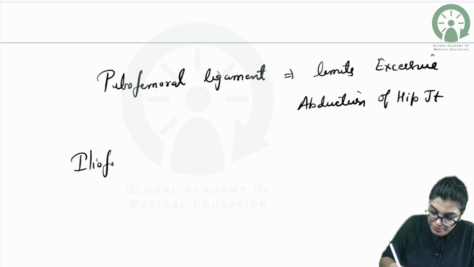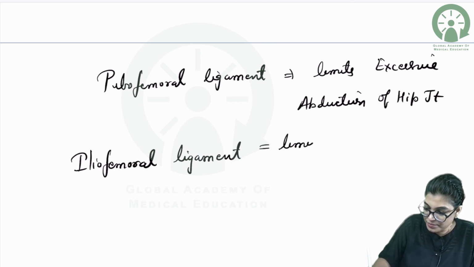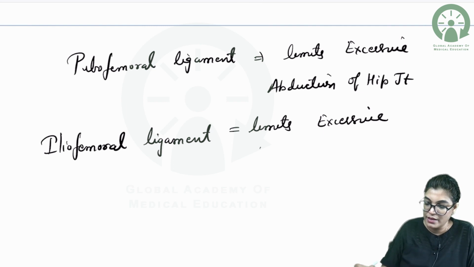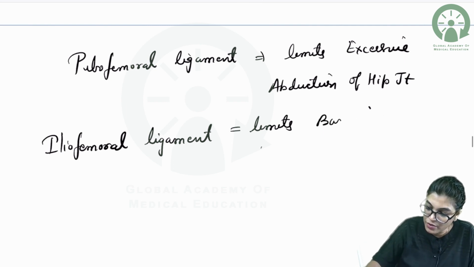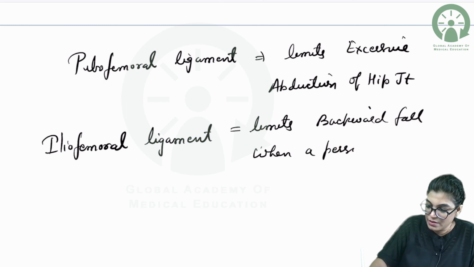Iliofemoral ligament limits excessive backward fall when a person is standing erect.